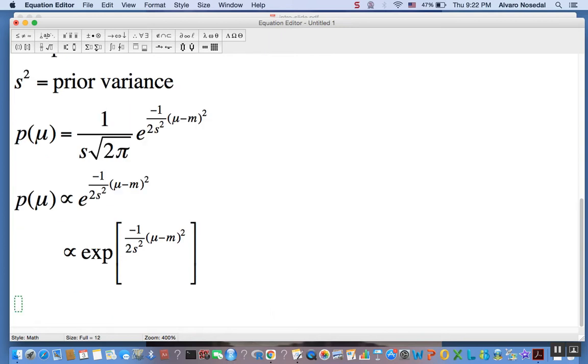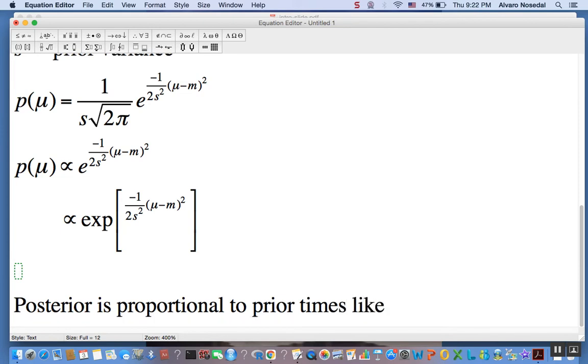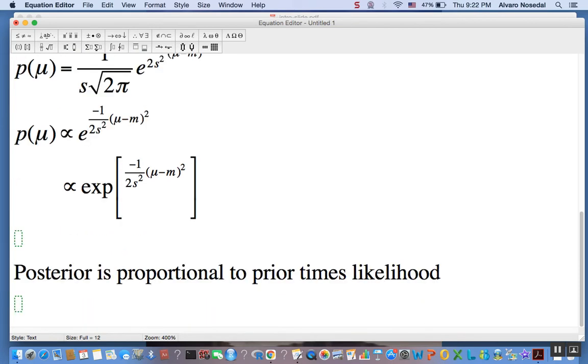So now we know that the posterior, in plain English, well, first let me write it down like this. Remind you that our posterior is proportional to prior times likelihood. The notation that we use for our posterior, in this case, would be probability of mu given our single observation y.